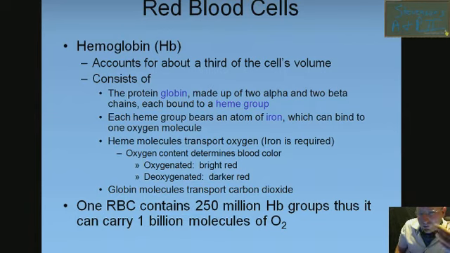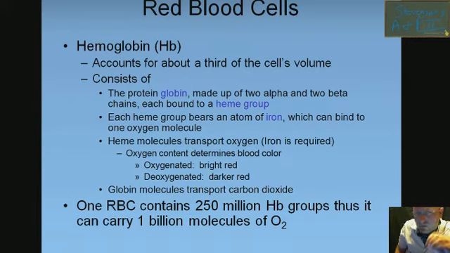Okay, well, what's a heme group? Well, each heme group bears an atom of iron, which I said is very important to the blood, and this is why. Because without the iron, it wouldn't be able to bind the oxygen.